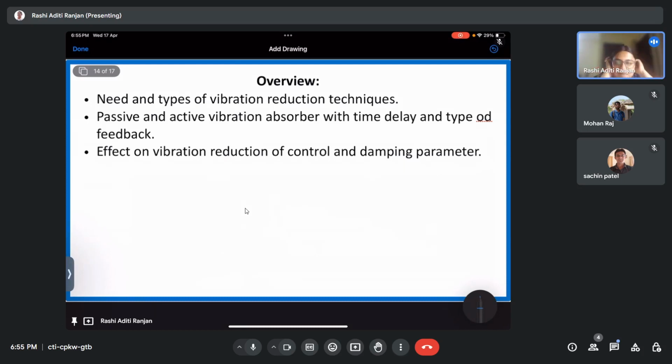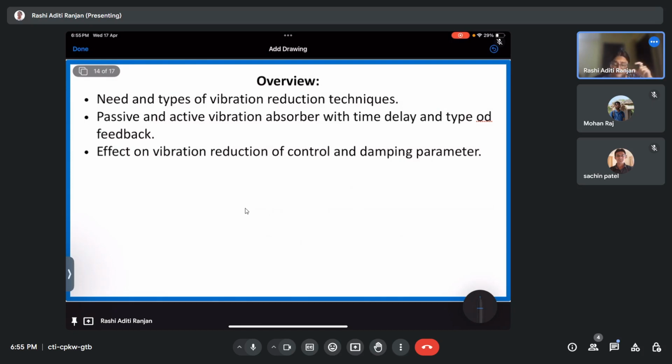Then we had active and passive vibration absorbers. Passive vibration absorbers were materials, polymers or elastomers, wherein the system characteristics were not changing with time. By this, I mean its stiffness, its damping and everything were not changing with time, and we were not able to change them. Once we decided that the mass, the spring stiffness, and the damper value should be this for the system, and we applied it, it is going to be the same.